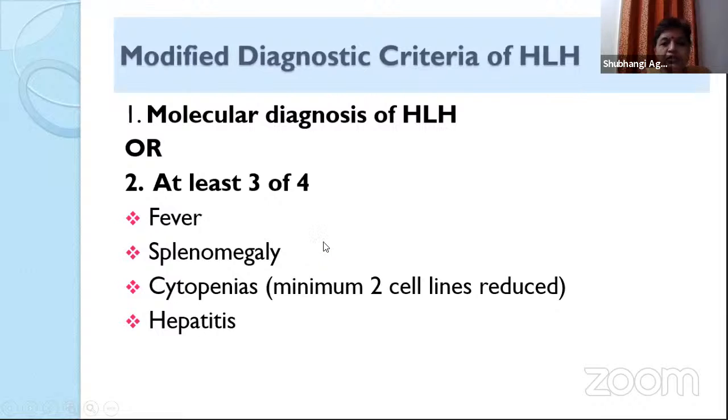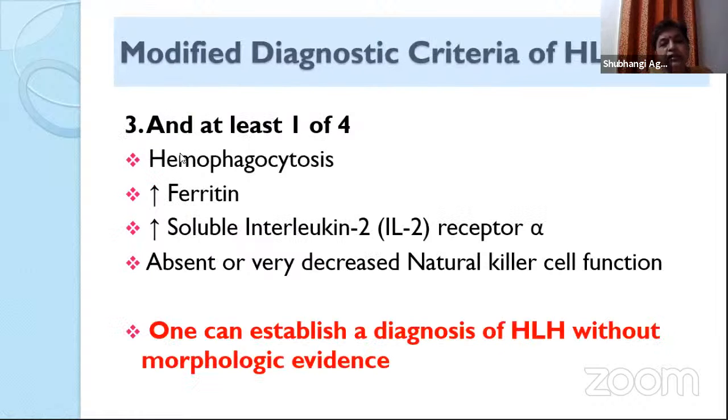Out of 4, you must have 3 present in the patient. And lastly, at least 1 of the 4, that is hemophagocytosis, increased ferritin, increased soluble interleukin-2, and absent or very decreased natural killer cell function.